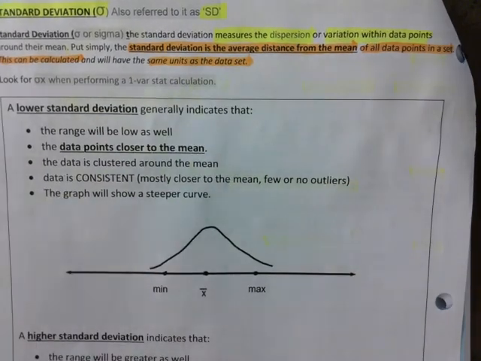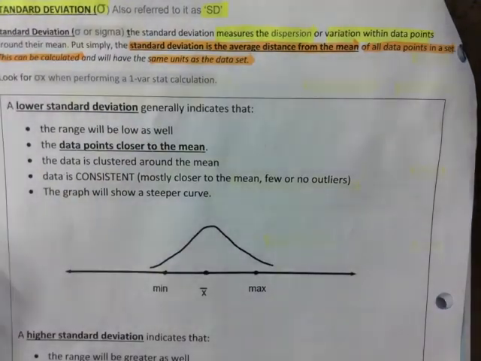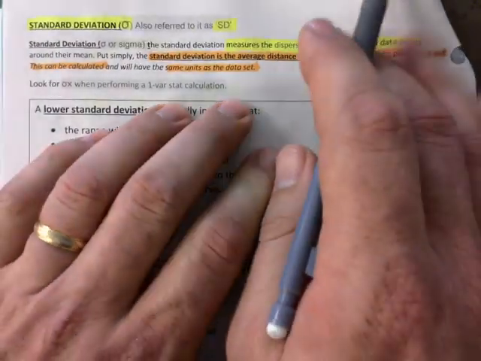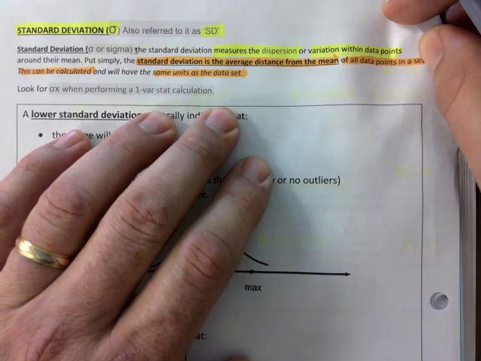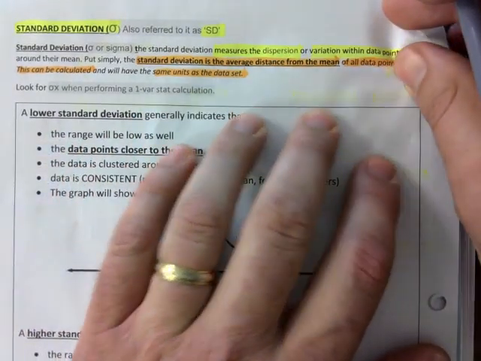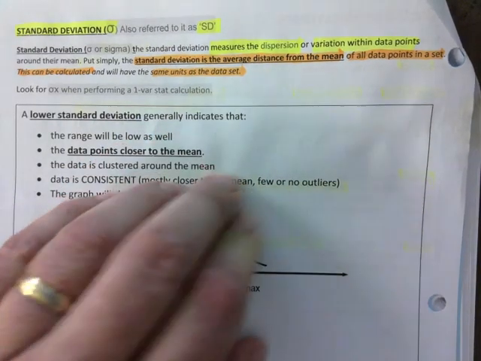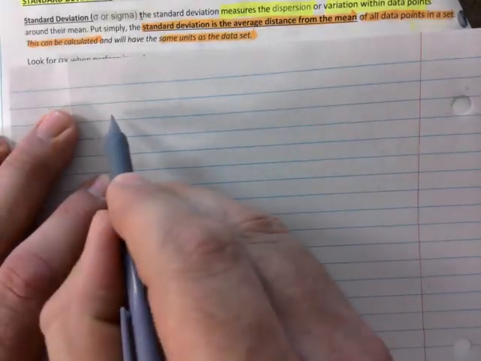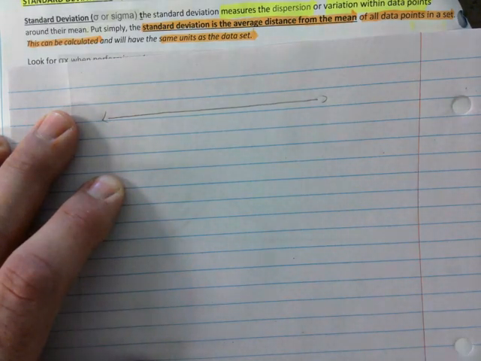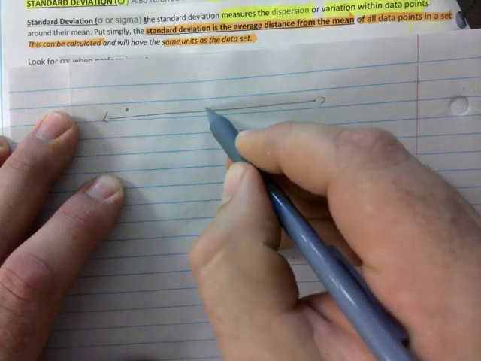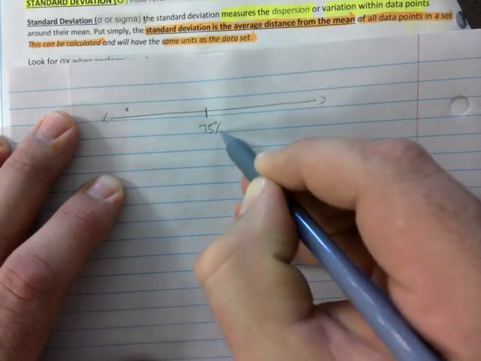I don't have this in my original, but some students need a little visual. Maybe don't write this down, just try to pay attention. I'm going to use scrap paper. Let's say I have a number line, and as I look at the test scores, I'm plotting them on here. Say I calculate that the average is 75%.